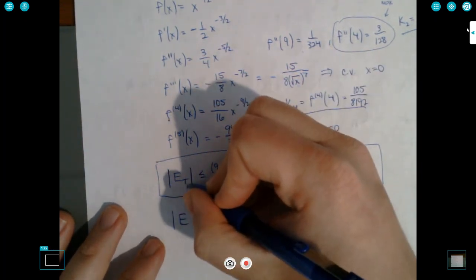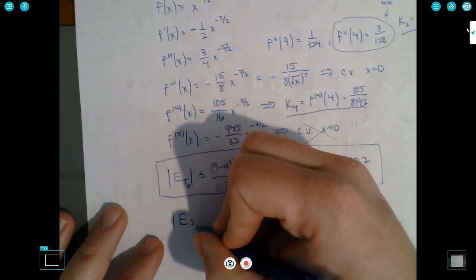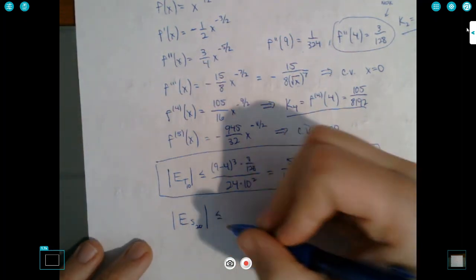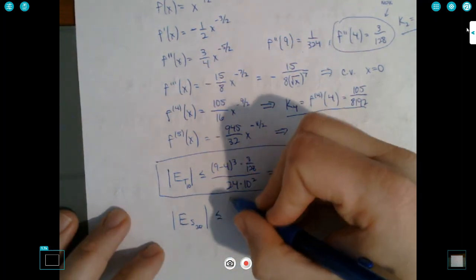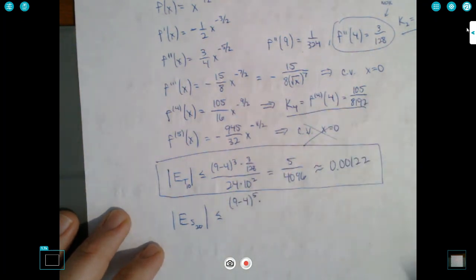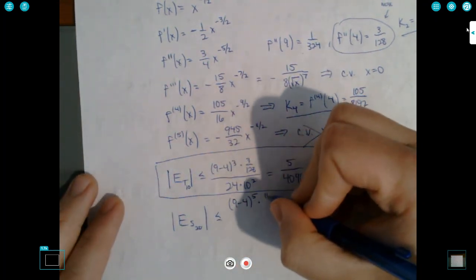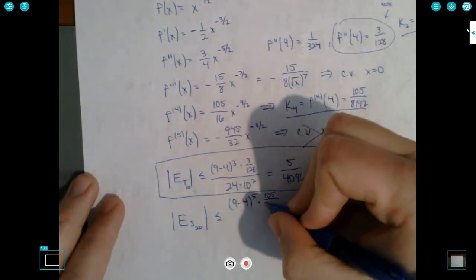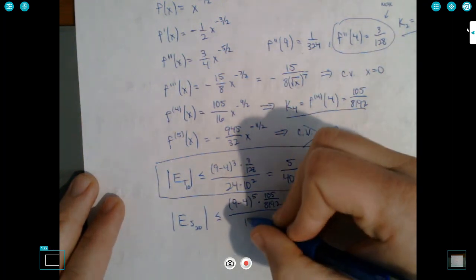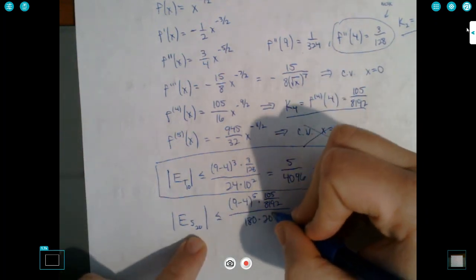this was for n equals 10. For Simpson's rule, if n is 10 in the trapezoidal rule, then it's 20 for Simpson's rule. That's going to be less than or equal to (b minus a) to the 5th power times K4, 105 over 8192, divided by 180 times n, which is 20, to the 4th power.